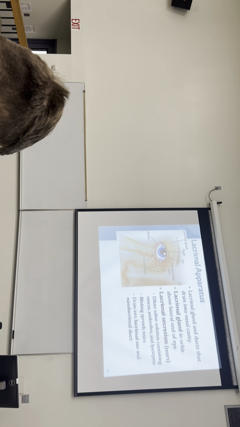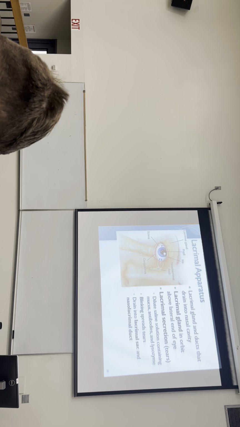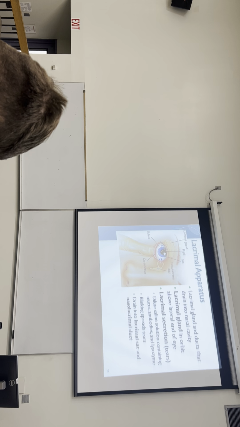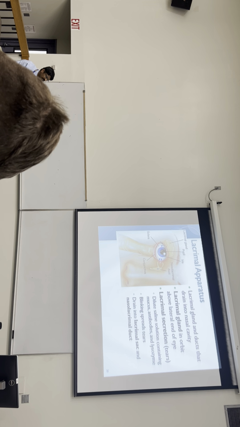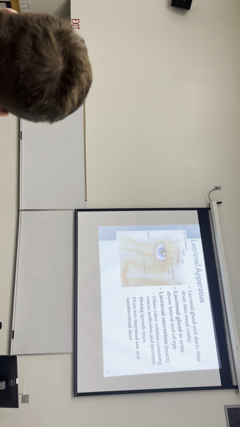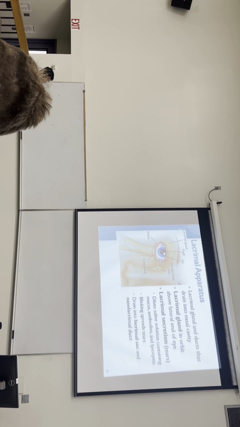And it's the blinking that actually spreads them. It's a normal reflex. We blink generally multiple times in a minute, every few seconds. This will transfer the tears out of the anterior and towards the middle of the face, into the nasal cavity.